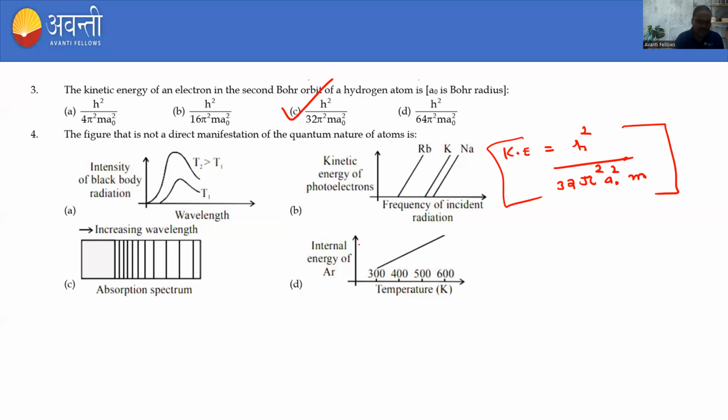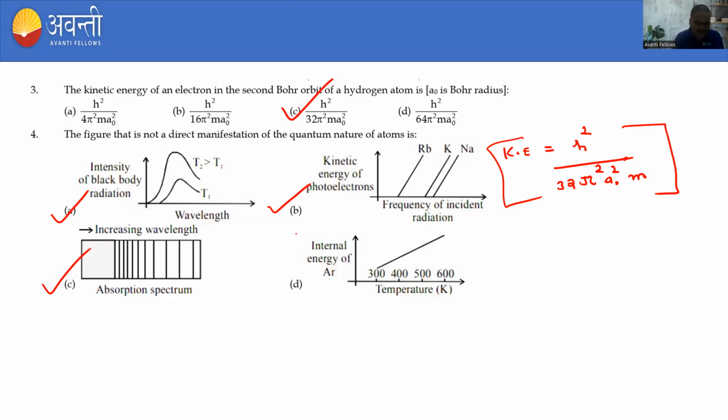So option D, as we see in option D, right? If you consider options A, B, and C, what do you observe? In options A, B, and C, they all are for the photoelectric effect, right? These all three graphs are for the photoelectric effect. The atomic spectrum and the black body radiation may all be explained by the quantum theory, right?